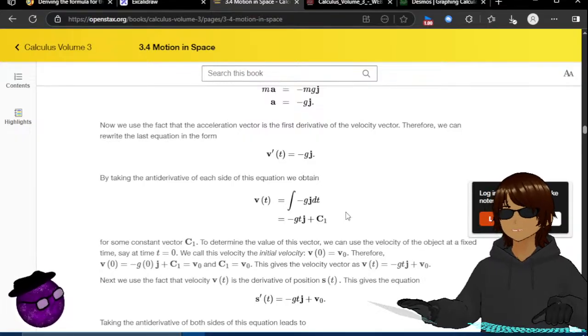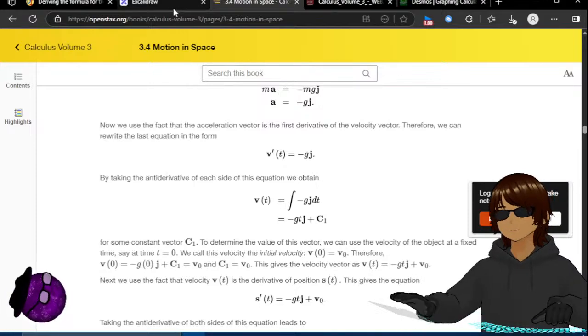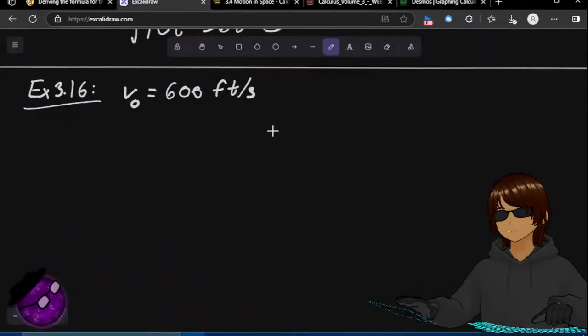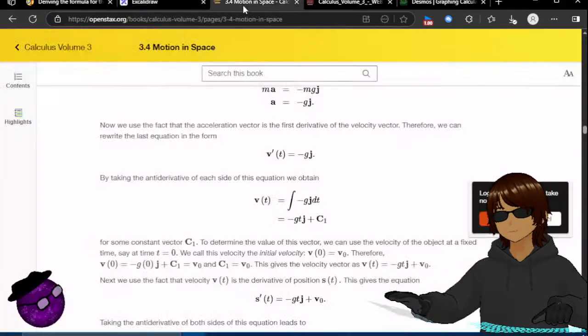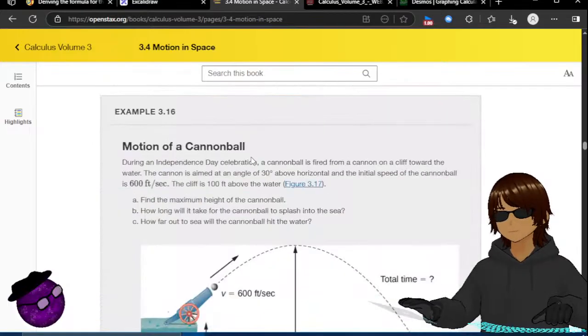But we are only considering the vertical part, right? So, like, 600 here. We have 30 degrees above the horizontal.